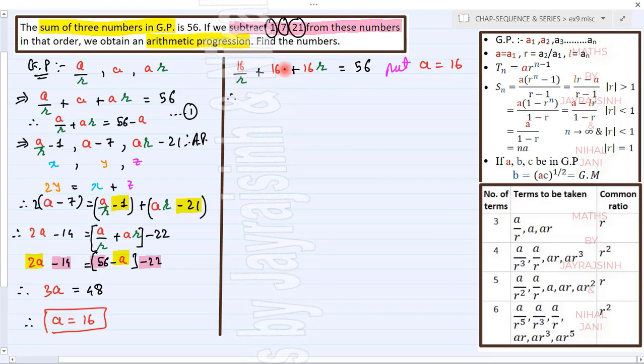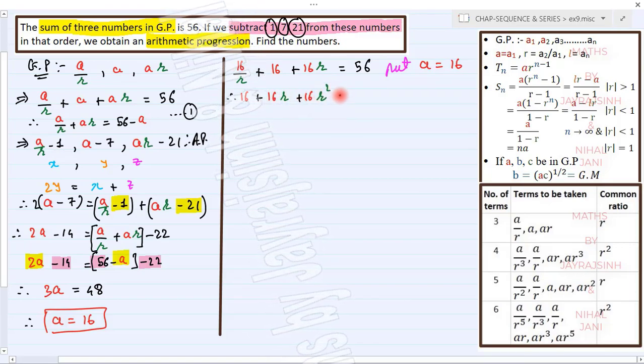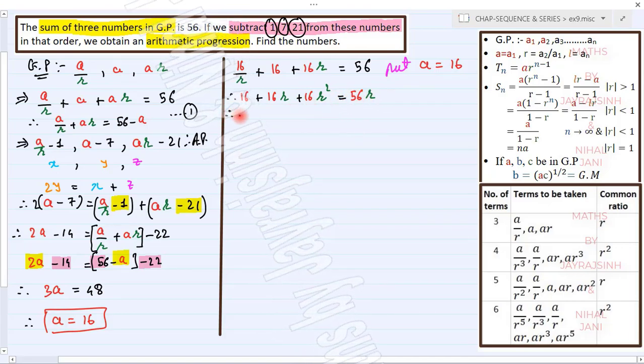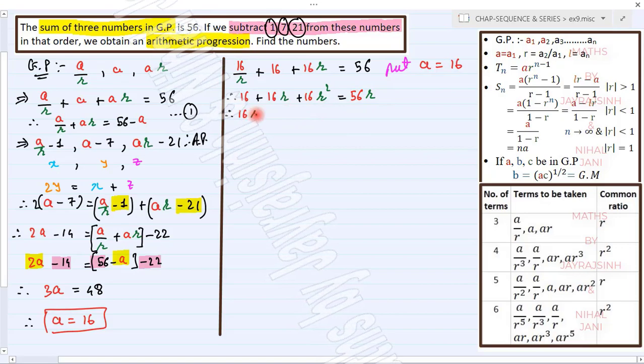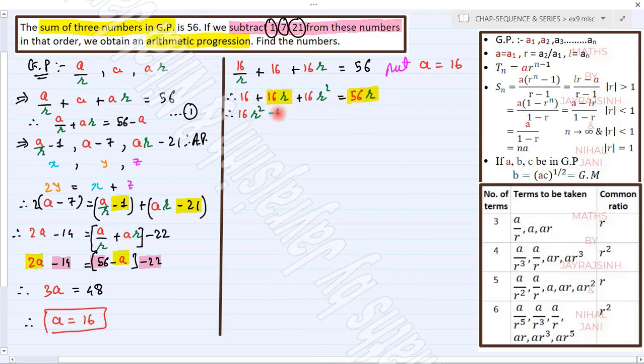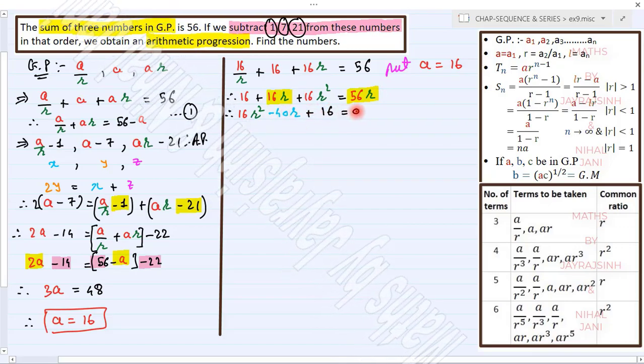If we take LCM of r, we will get 16 plus 16r plus 16r square is equal to 56r. So your quadratic equation will be 16r square, 16r minus 56r will be minus 40r, plus 16 is equal to 0.